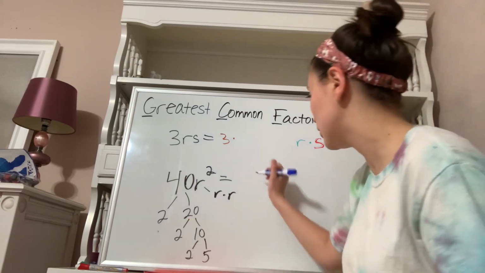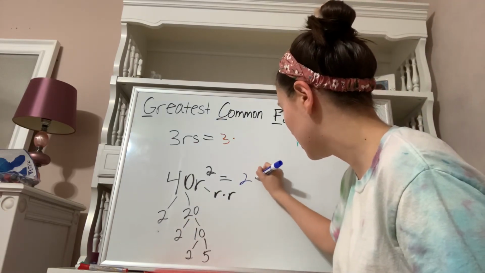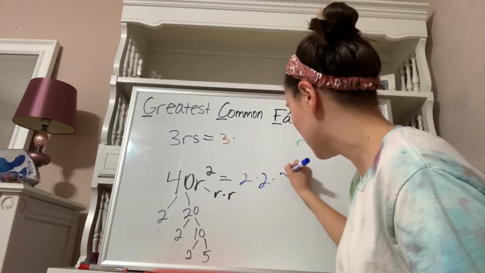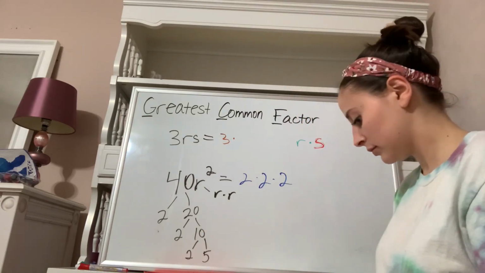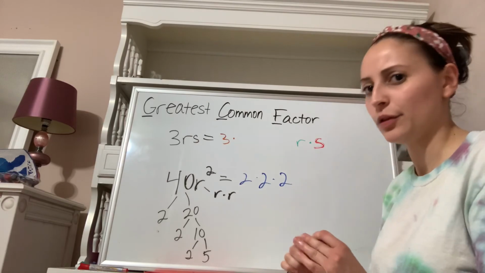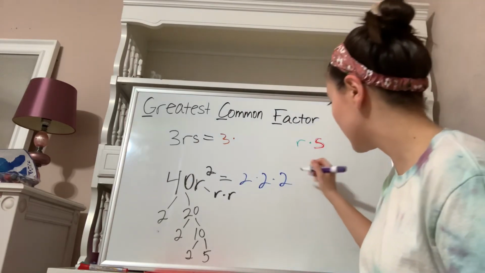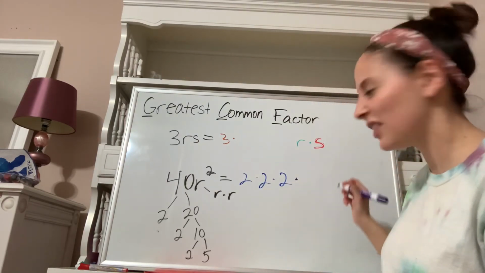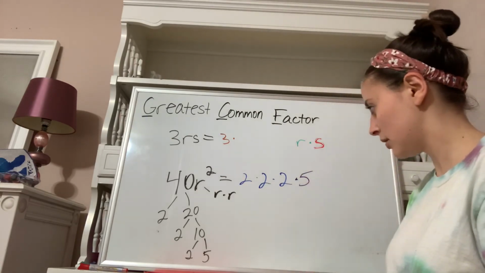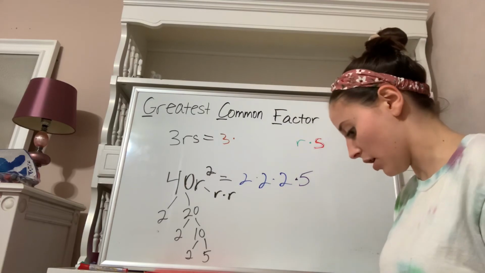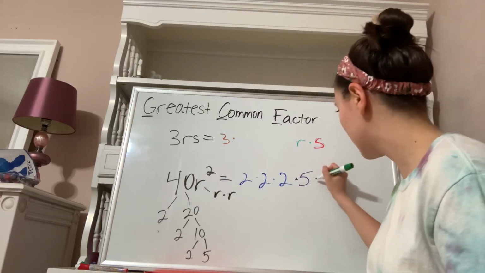We have 3 2's, 1 5, which will be purple. I don't know if you guys can tell the difference between purple and blue. I think you could tell. And then 2 R's. No S's.